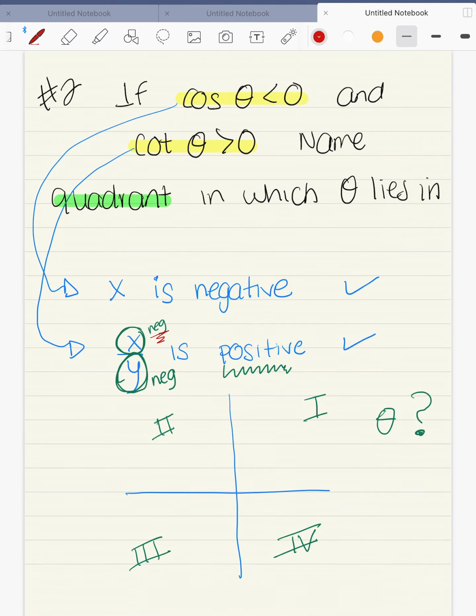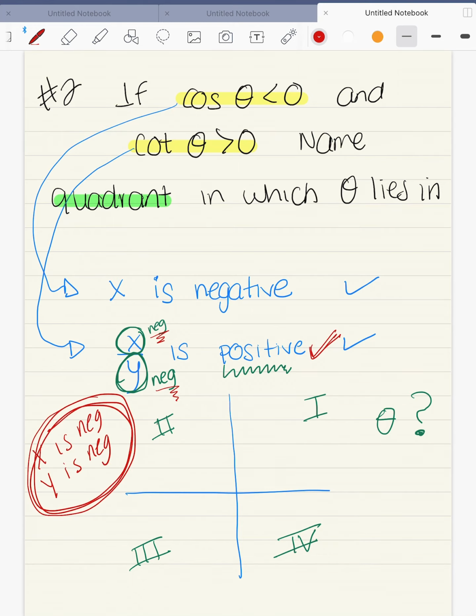Because negative divided by negative becomes positive. I know for sure that x was negative and y also has to be negative. So when I divide that, the whole answer is positive. So x is negative, y is negative.